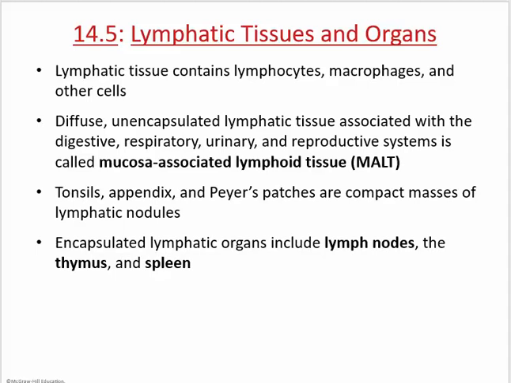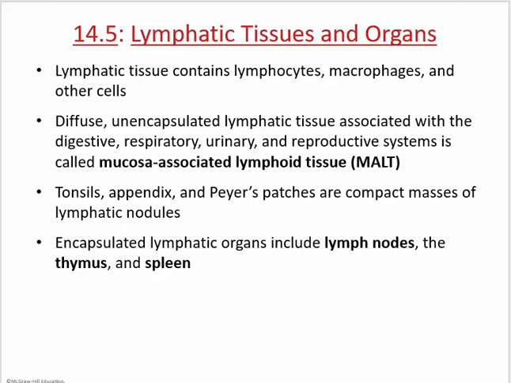The mucosa is the epithelial tissue that separates the outside of the body from the inside of the body. Well, you want to catch any invaders right at the border, so that's where you're going to put the surveillance. And so we call this mucosal associated lymphoid tissue, or MALT.